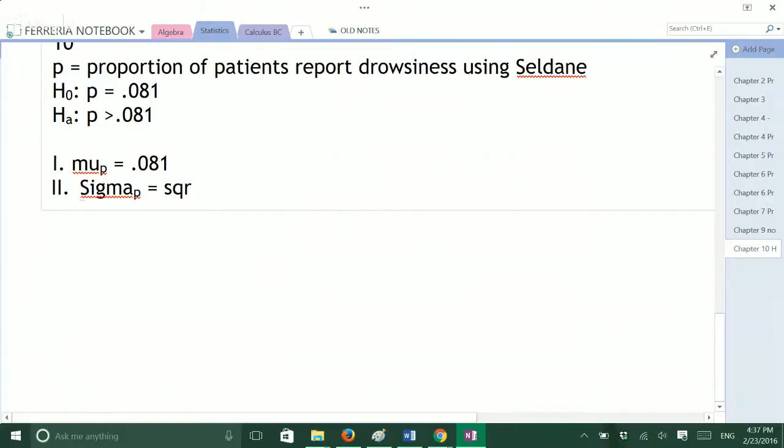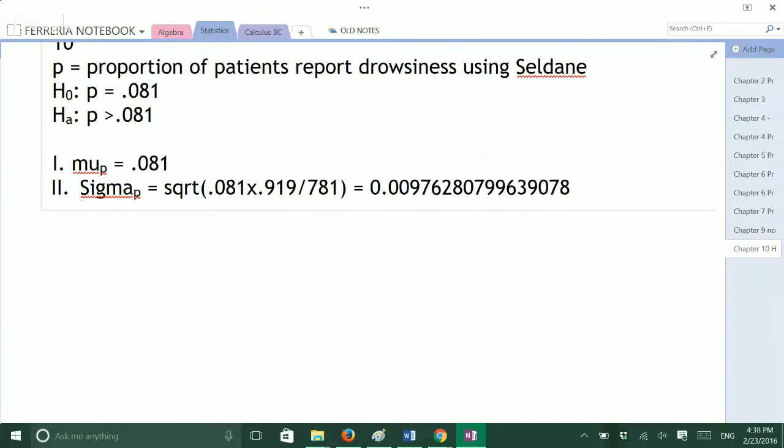That's going to be equal to the square root of 0.081 times 0.919, divided by our sample size, and our sample size is 781. That's 0.0097. Let's keep that as 0.0097.